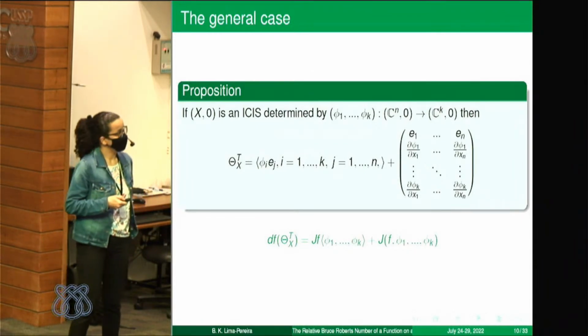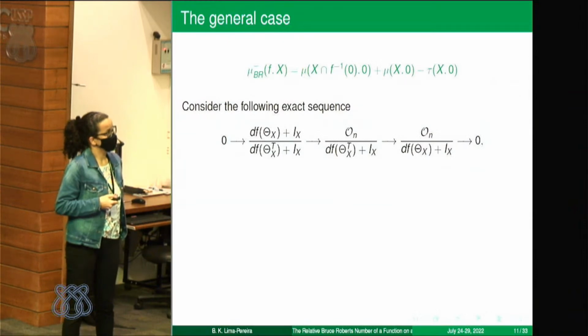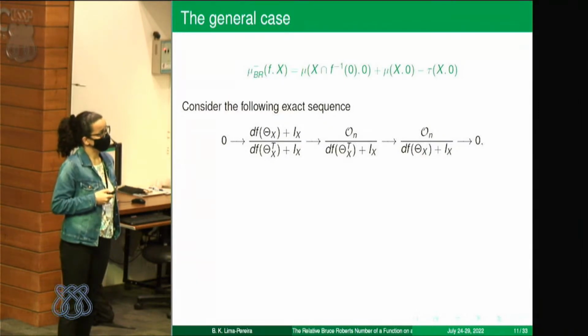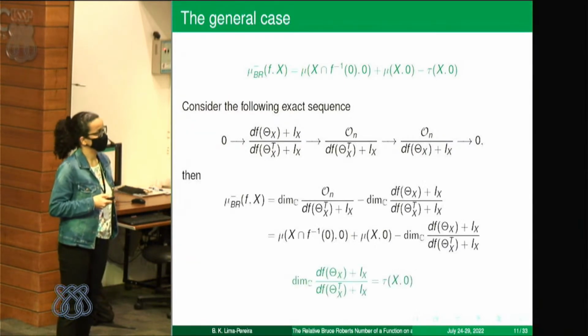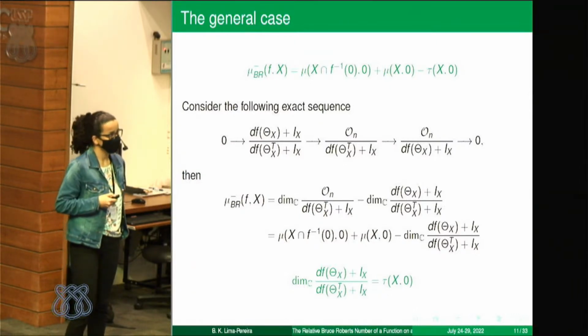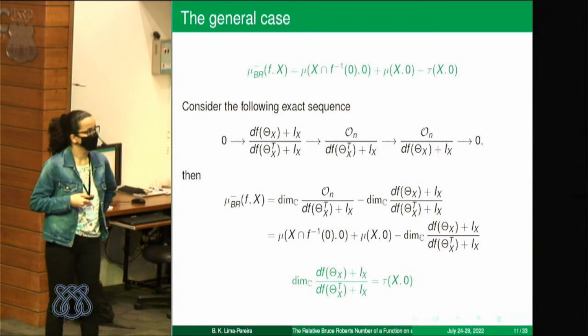With this equality, we consider this exact sequence. And remember, our objective is to conclude this equality. This exact sequence says to us that the relative Bruce-Roberts number is equal to this dimension as a C-vector space minus this dimension, as a C-vector space.